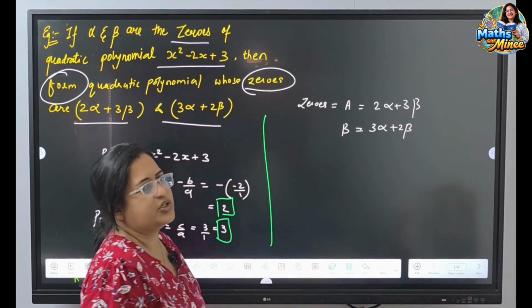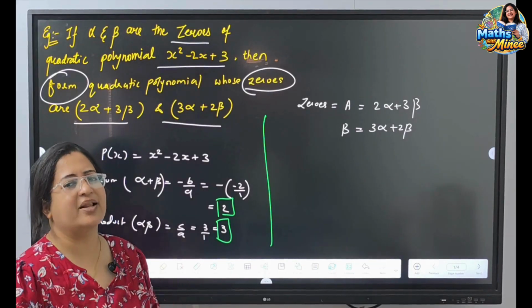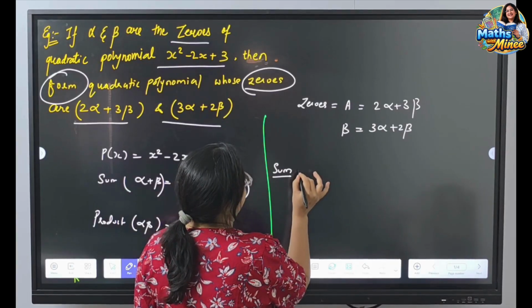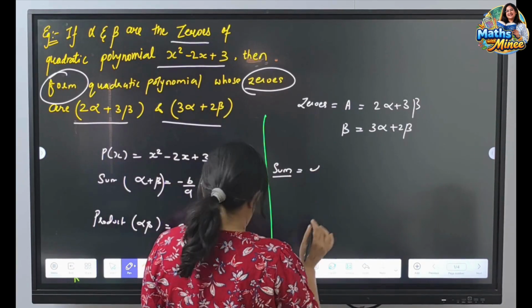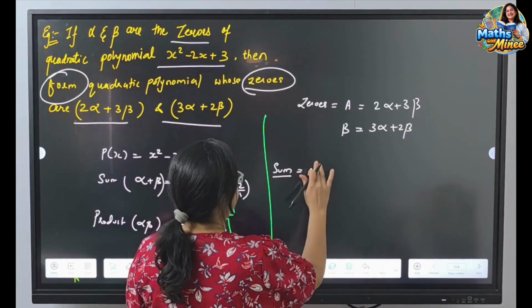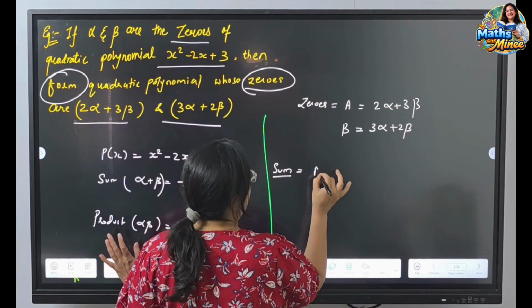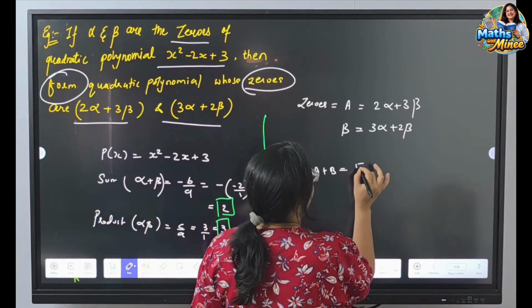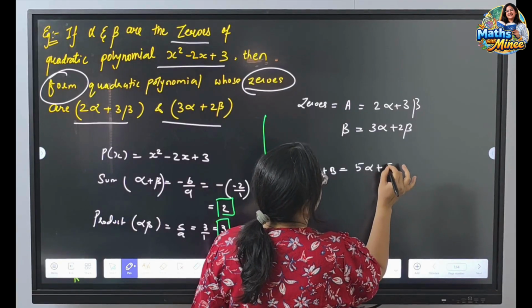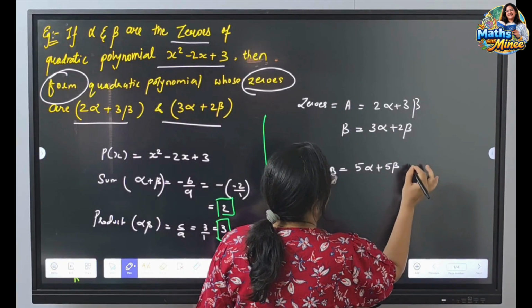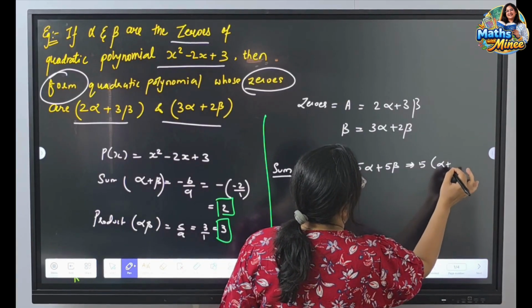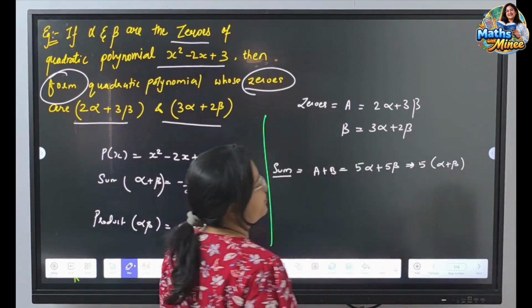Now as they are the zeros, we can again find the sum and the product. So if you calculate the sum, that is a plus b, if you add it up, it will be 5 alpha plus 5 beta, which I can take 5 common and it will be 5 times alpha plus beta.